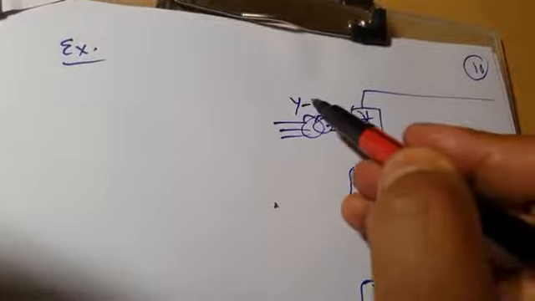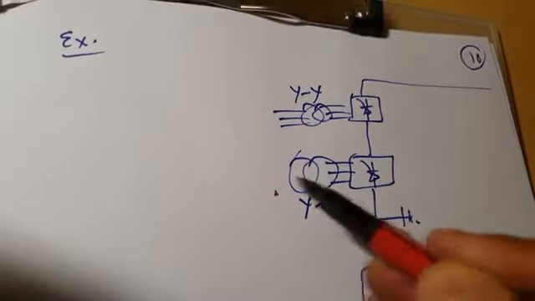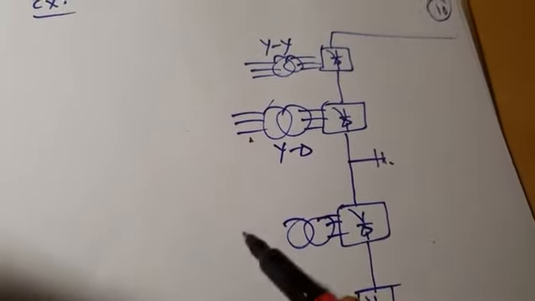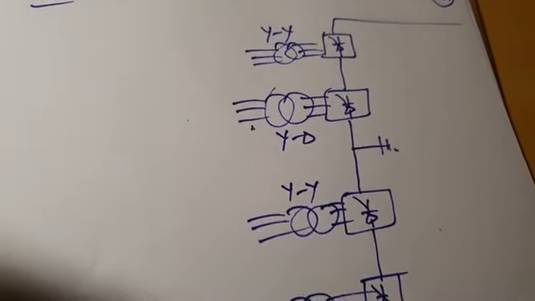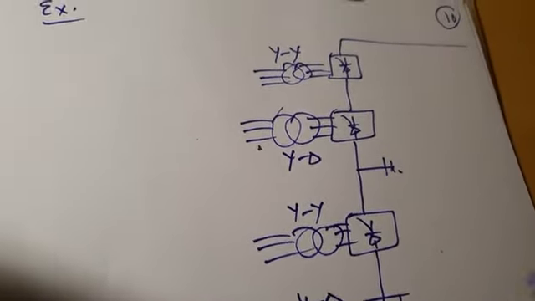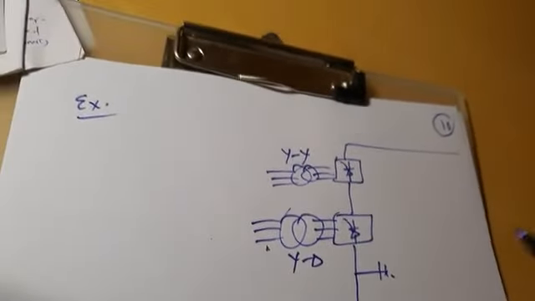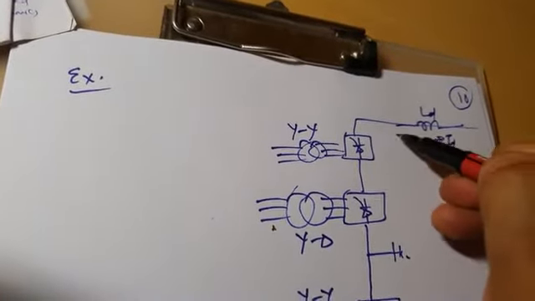This is a YY connected transformer, and this is a Y delta connected transformer. Similarly here, this is a YY connected transformer, and this is a Y delta connected transformer. So you have a total of 4 bridges per pole.